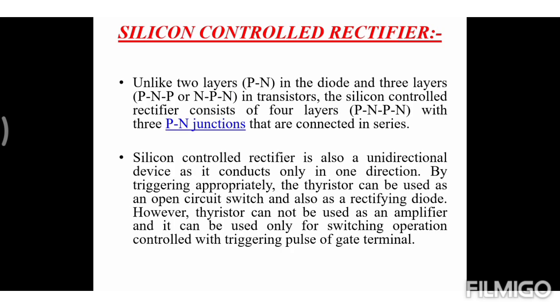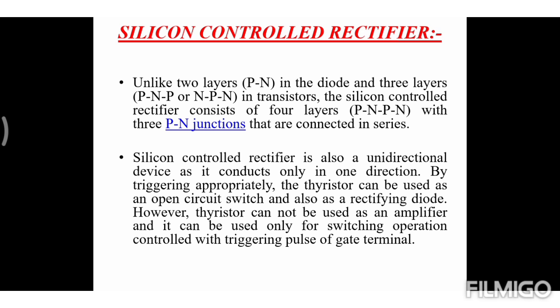Unlike a 2-pole diode and a 3-layer PN junction transistor, the silicon controlled rectifier consists of totally 4 layers, that means PNPN, with 3 PN junctions connected in series.